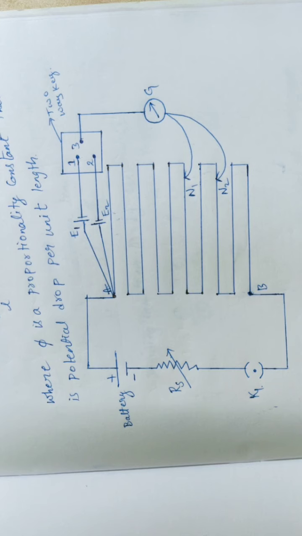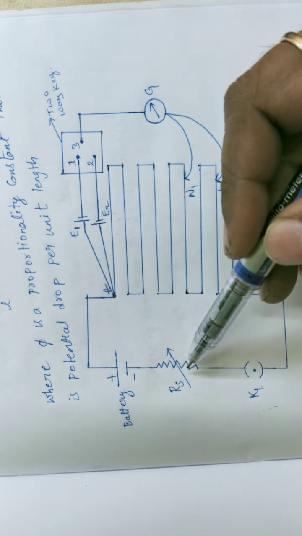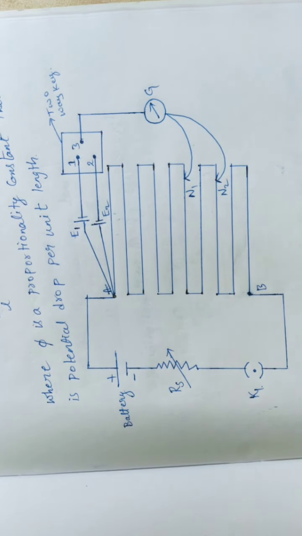In the primary circuit there is one battery, one series resistance RS, and one tap key, which I name K1. So this is the primary circuit, already explained.